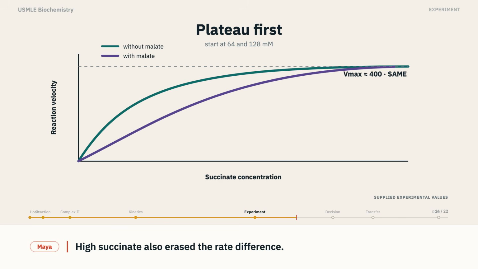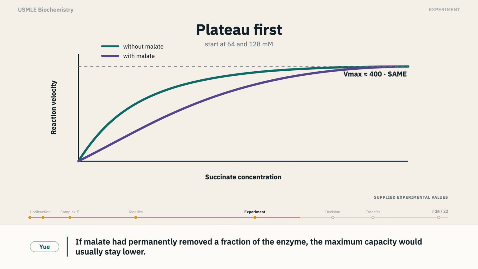Exactly. High succinate also erased the rate difference. Keep both facts. Unchanged Vmax and high substrate rescue. That already argues against a simple loss of active enzyme. If malate had permanently removed a fraction of the enzyme, the maximum capacity would usually stay lower.